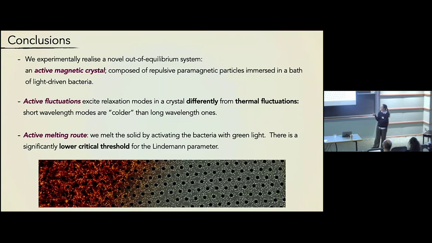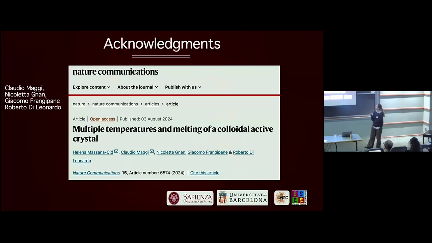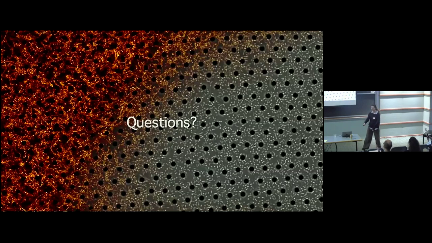We studied the active fluctuations and how these relaxation modes are different from thermal fluctuations; specifically, short wavelength modes are colder than long wavelength ones. Then we explored the active melting route, and we saw a significantly lower critical threshold of the Lindemann parameter in the active case. I wanted to thank everyone that worked on this project, and you for your attention, and I would happily take any questions. Thank you.